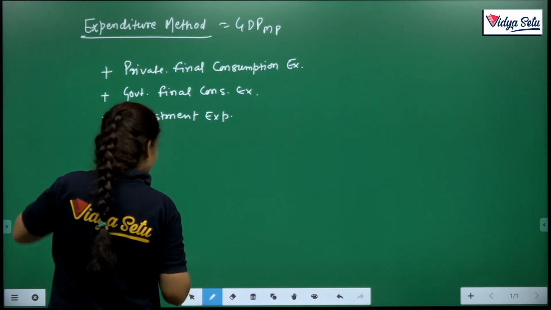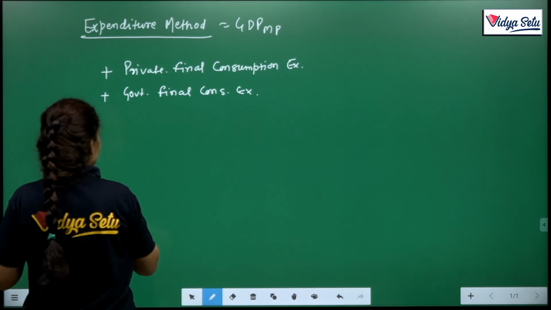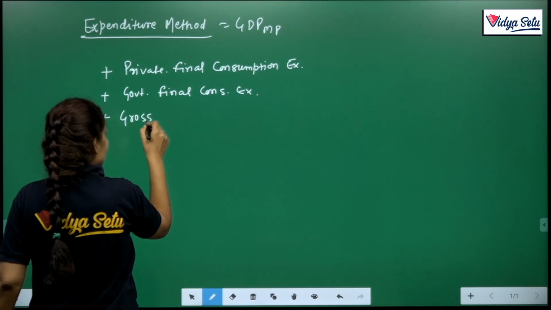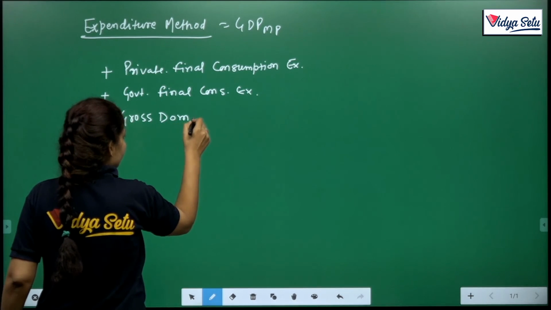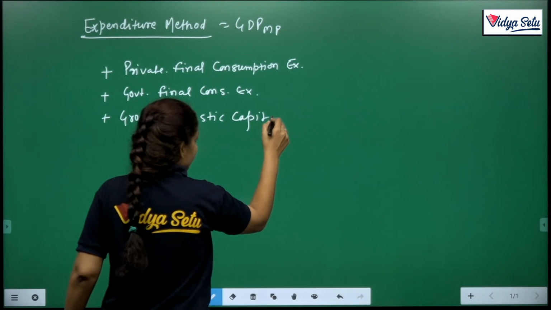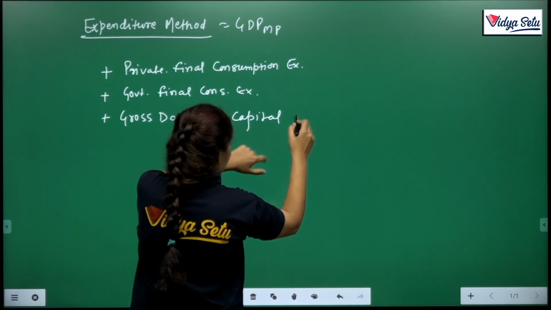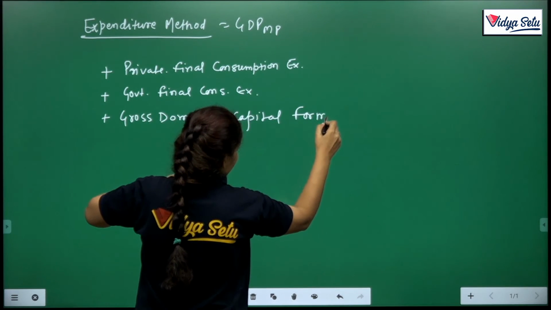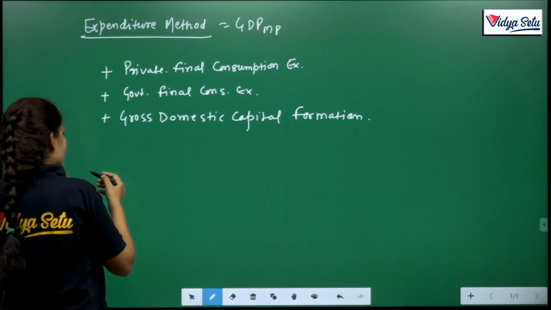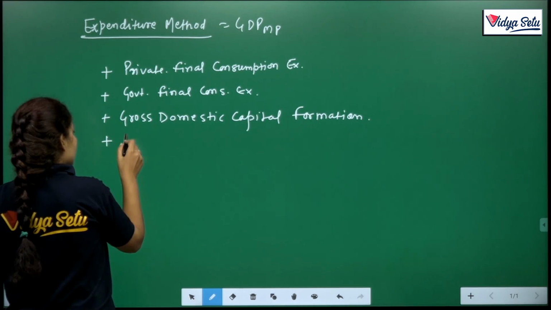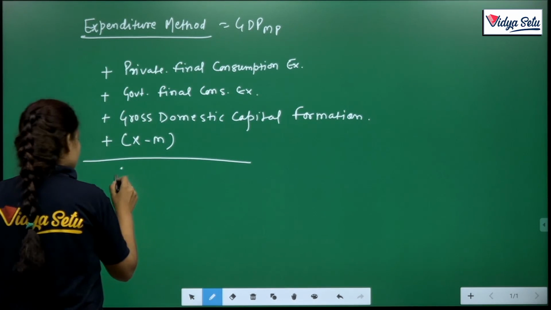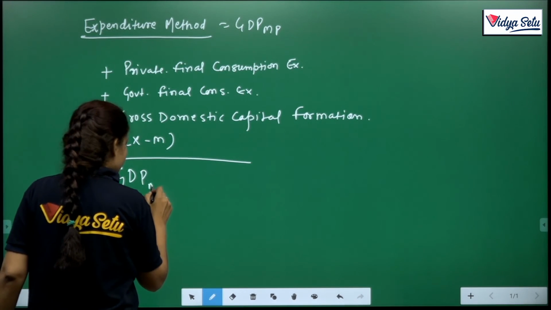If I use the word investment expenditure, here I use the word gross domestic capital formation. Okay. Clear? Next, plus X minus M, that is net exports. Here we receive GDP-MP.